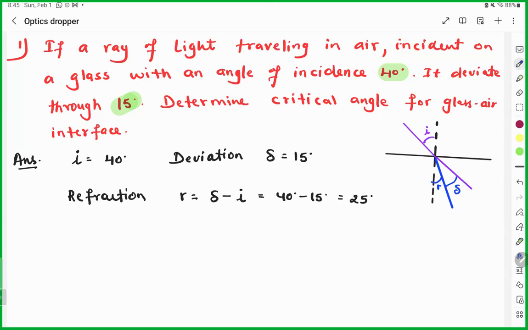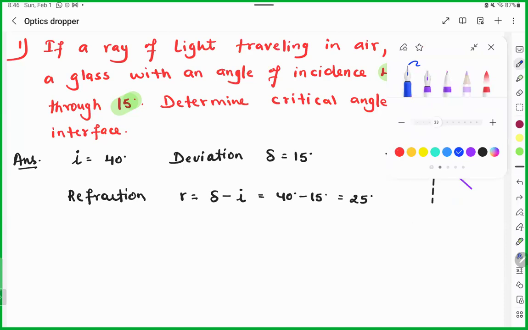Any doubt? Correct. So I will be equal to angle of refraction plus this. No, no, no. Wait, I think I made some mistake.